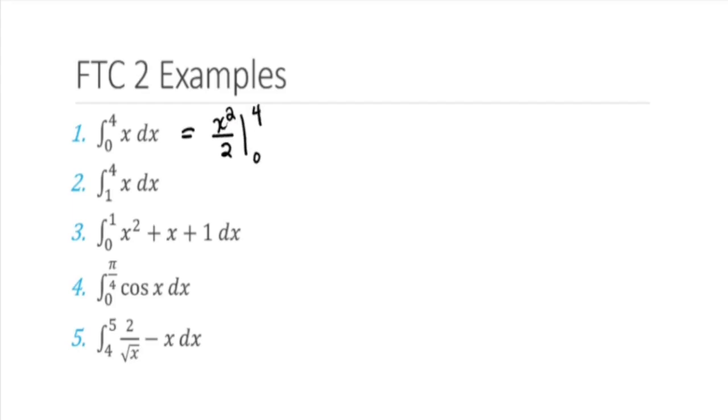This will be the notation used. This one is 16 over 2 minus 0, or 8. Now you can check one of the previous videos and see that we got the same answer.